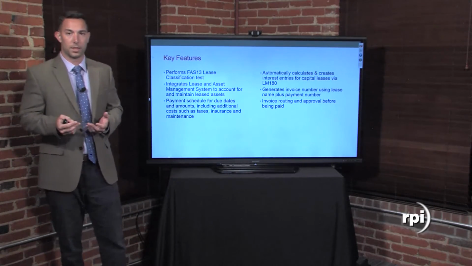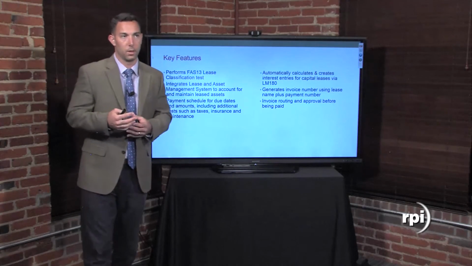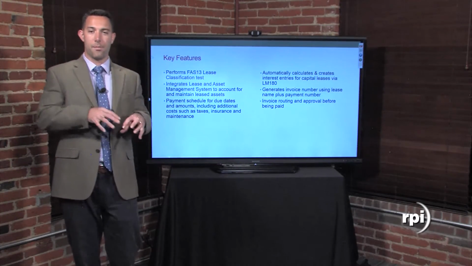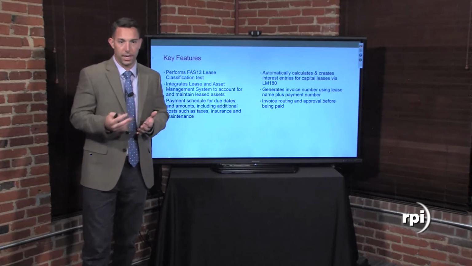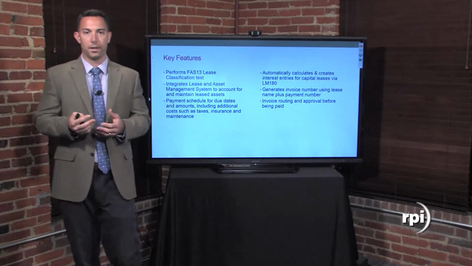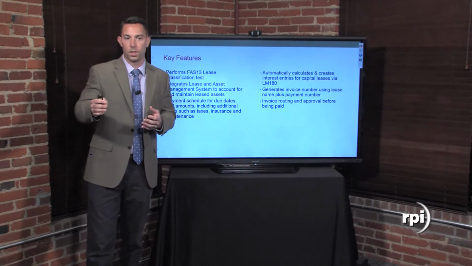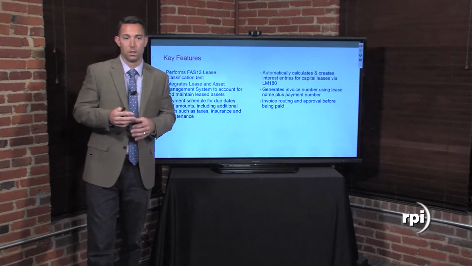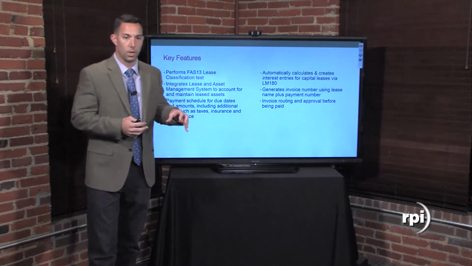We've touched on the payment schedule a couple of times, but a big thing with this, if you're not managing your leases in Lawson, AP, when it comes time to pay an invoice for a lease, they might be going off old data. So they might be paying an invoice for a lease that has changed. So the lease management module allows you to maintain all that information in one system.